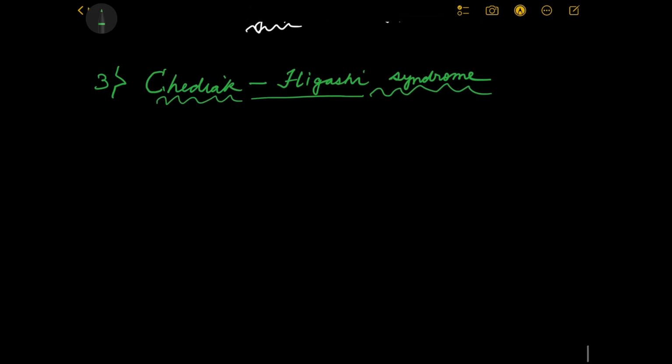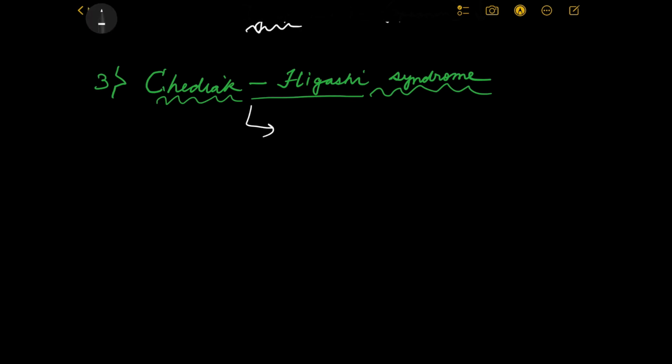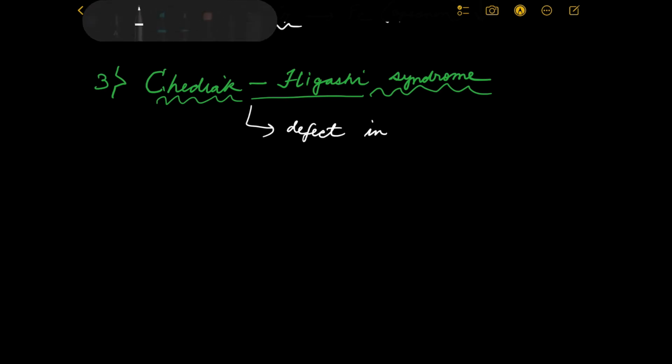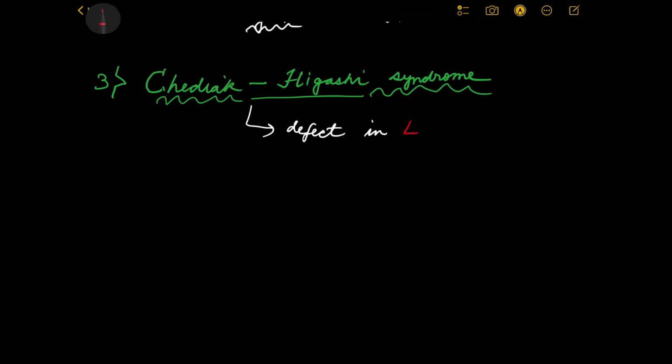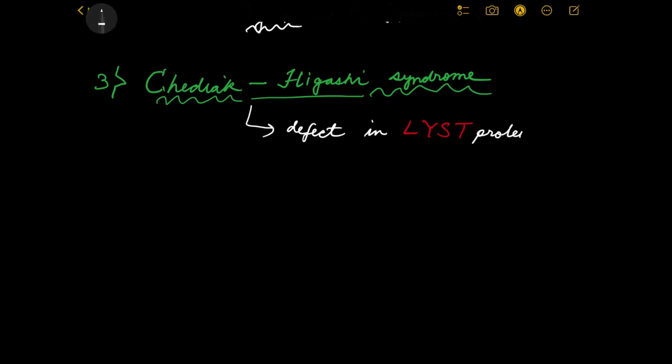Here what's happening is, as I have already mentioned, there is a defect. Defect in what? Defect in the LYST protein, lysosomal transporter protein, which would mean, now obviously you can join the ends here and see what the implications of this would be.